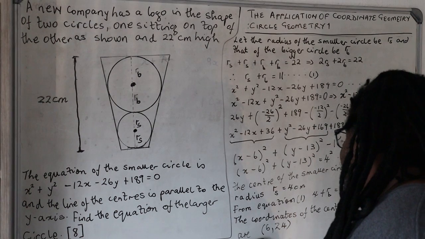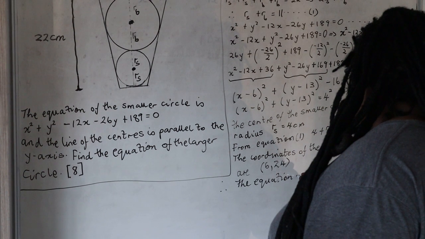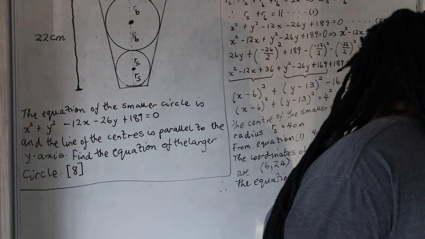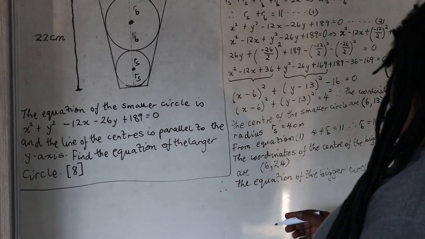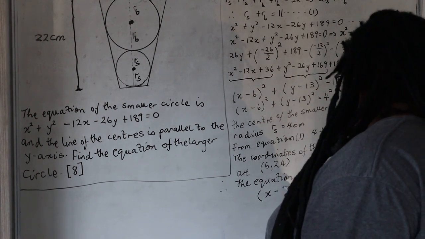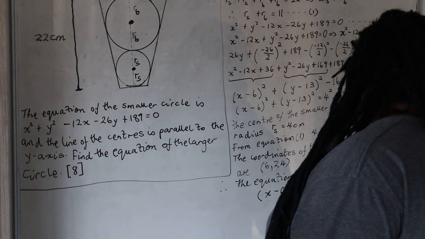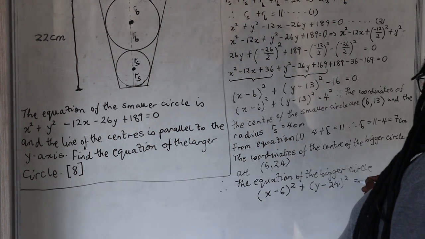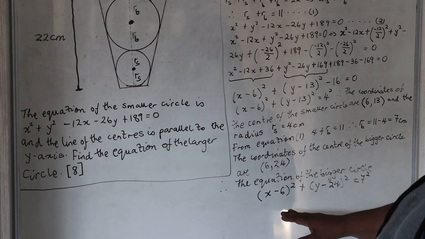Therefore, the equation of the bigger circle can be written as x minus 6 squared plus y minus 24 squared equals to 7 squared. You could leave your solution at that stage.